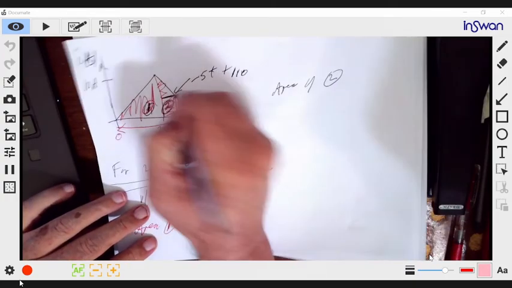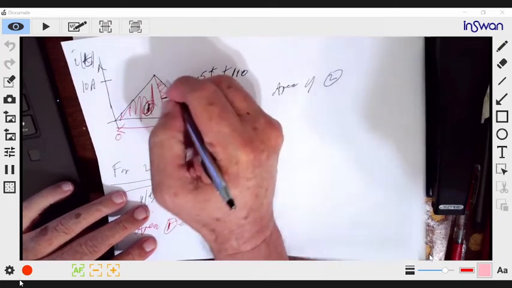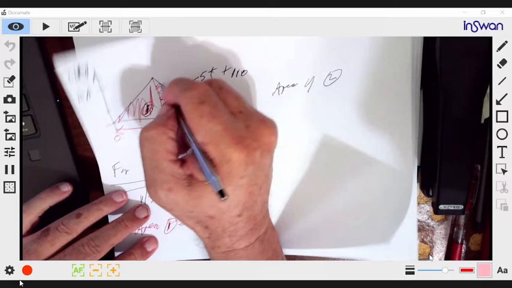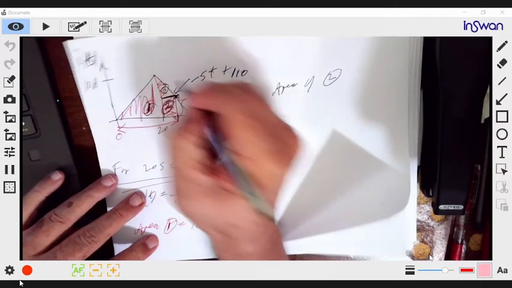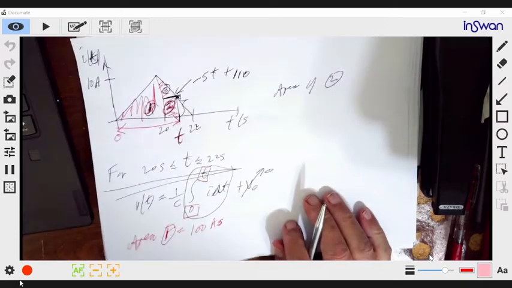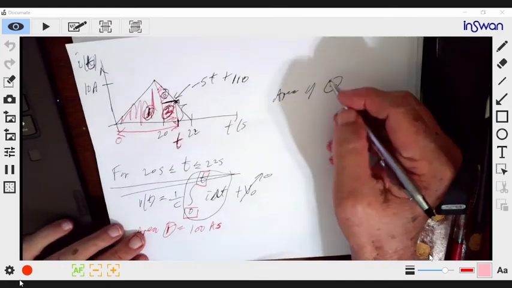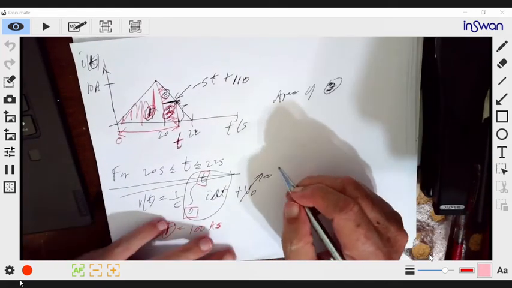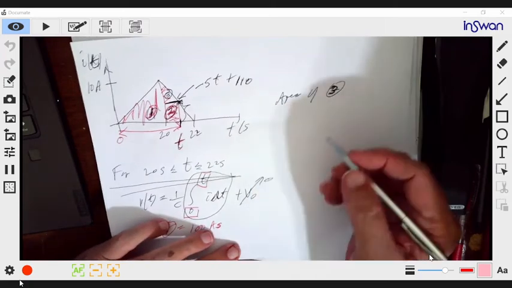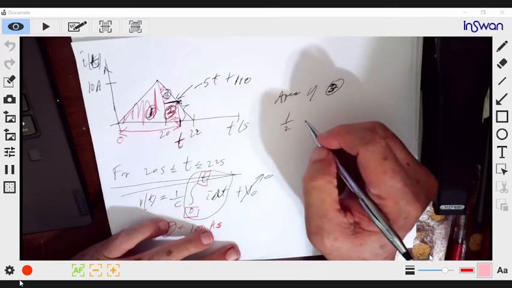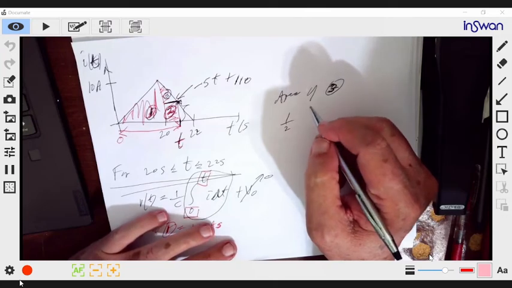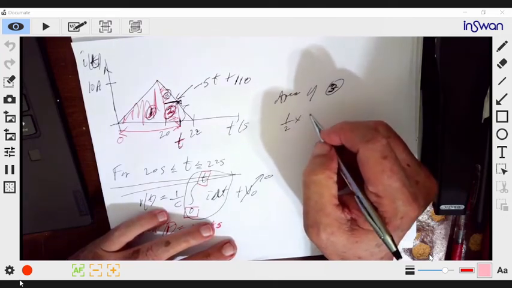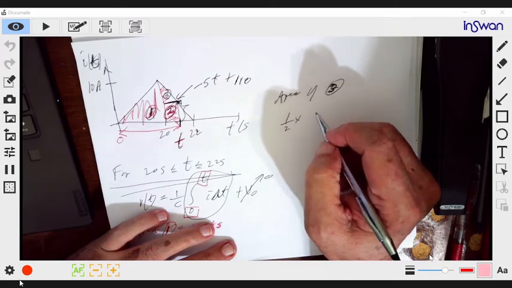So area 2, the total area 2. Let's split area 2 into 2 and 3. What's area 3? That's a half times this, I can't even say the height.